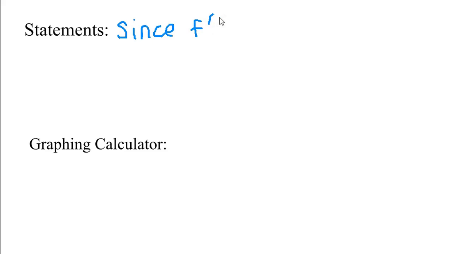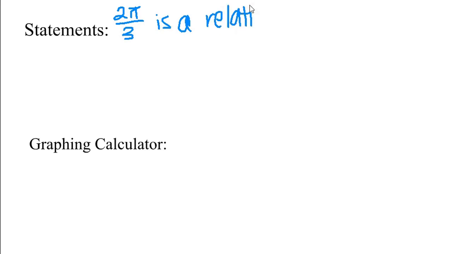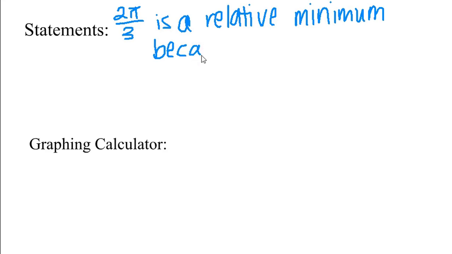Actually, let's change that. 2 pi over 3 is a relative minimum because f prime of x changes from positive to negative.